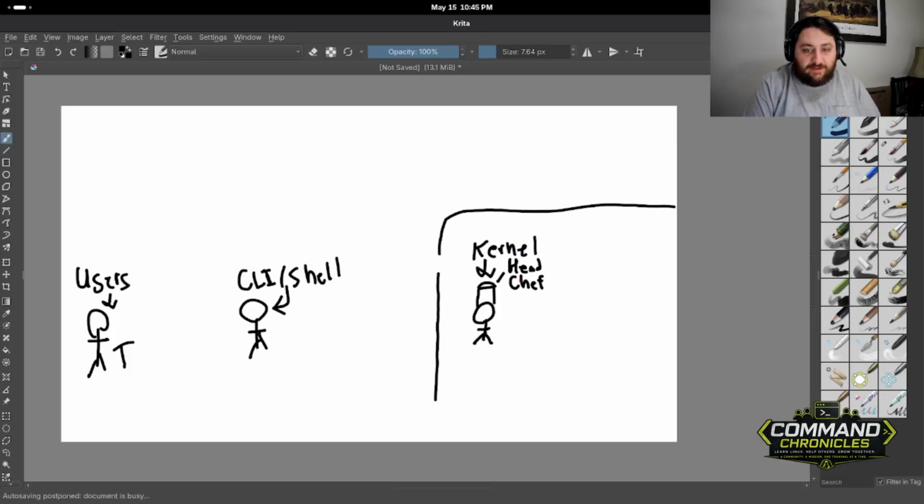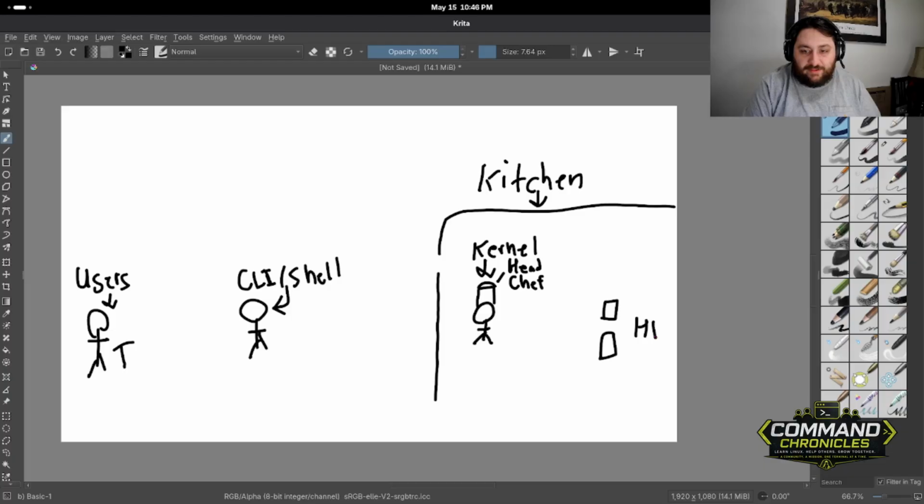And inside the kitchen, we have equipment, appliances like stoves, grills, etc. That is the hardware, the stuff that makes the food.